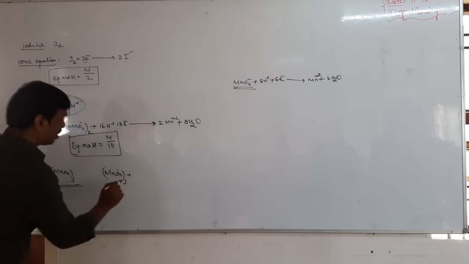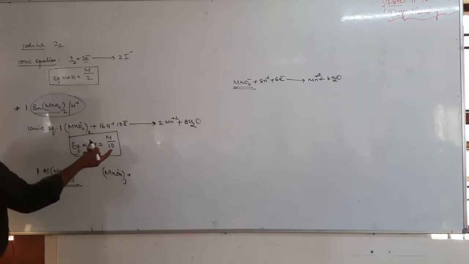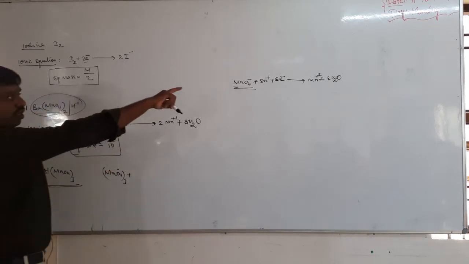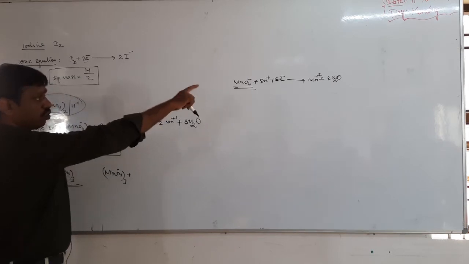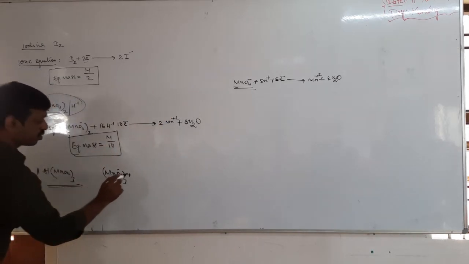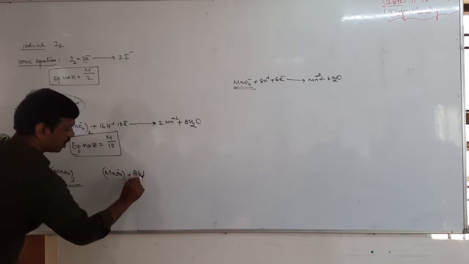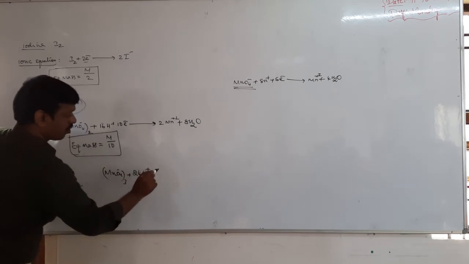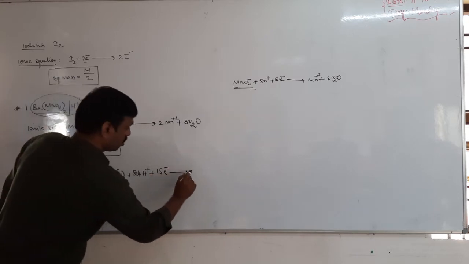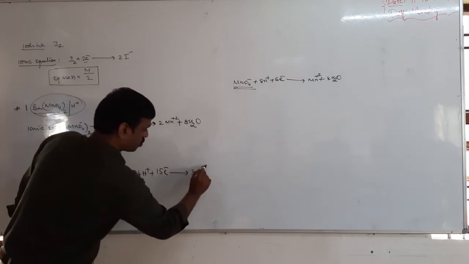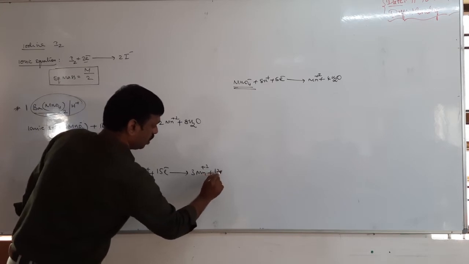Then how many H plus? 1 mole is 8, 2 moles 16, 3 moles 24 H plus, and 15 electrons gives 3 Mn2 plus plus 12 H2O.